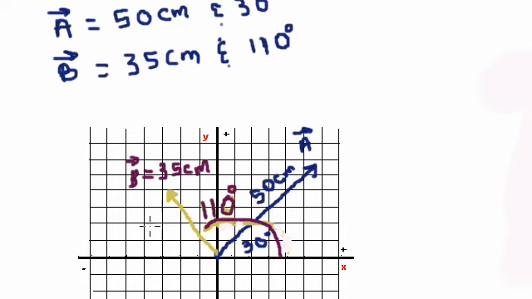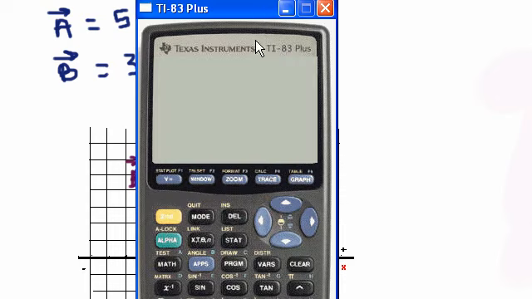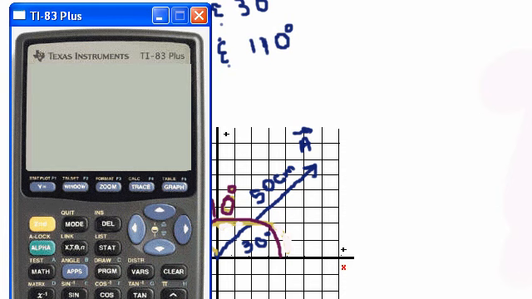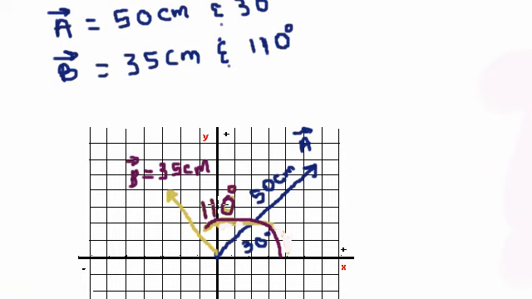So I'm going to use the calculator to find the difference. 180 degrees minus 110, which is the given angle, and we get 70. So 70 degrees is what I'm going to be using. I'm not going to use 110. I'm actually going to use 70 degrees, and that's what I'm going to put down here.